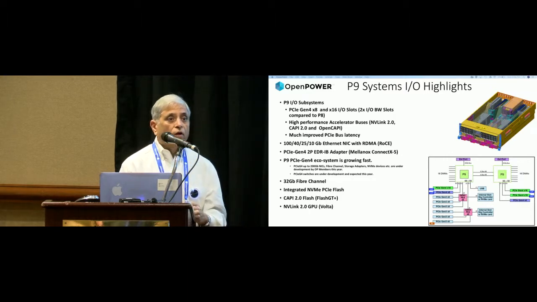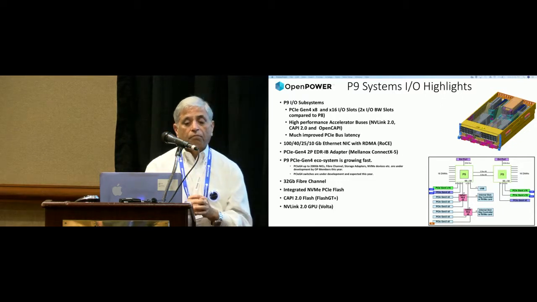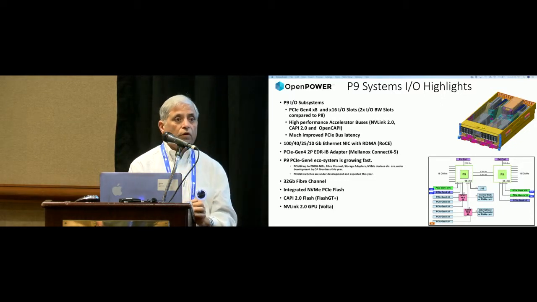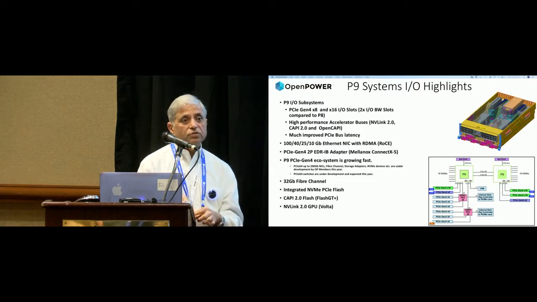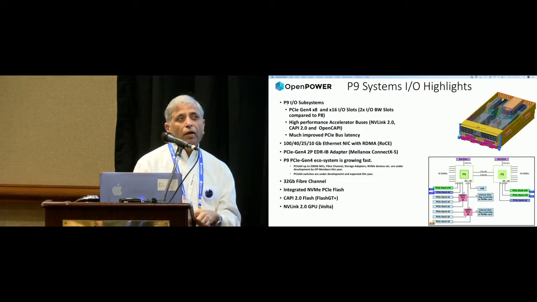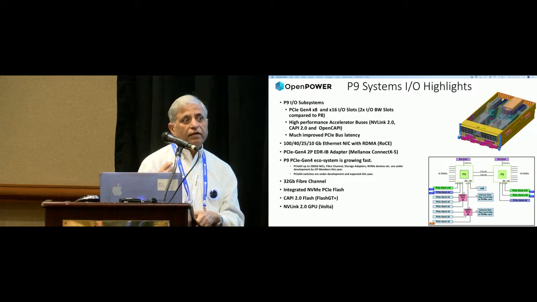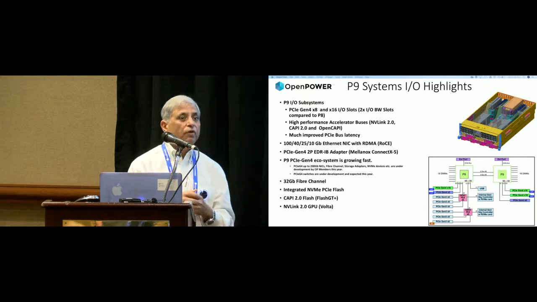I have a question. In some of the other presentations, they were talking about OpenCAPI 3.0. Is that shipping now on the current P9, or is that a future enhancement? It's a future enhancement. The main reason is that the number of lanes is fewer right now, but it will get increased.